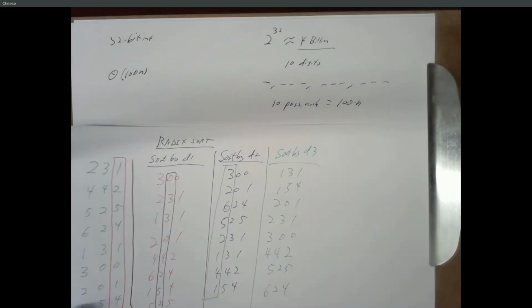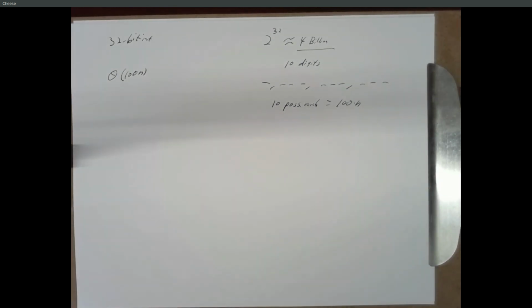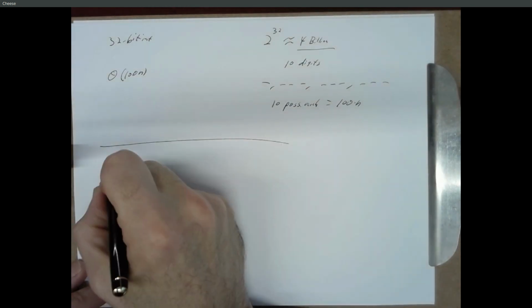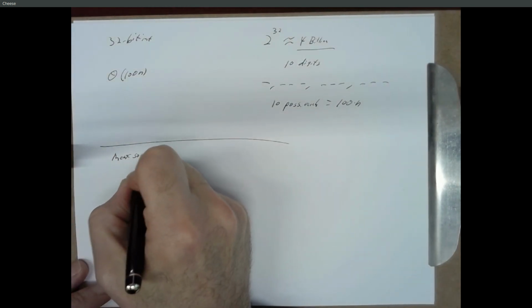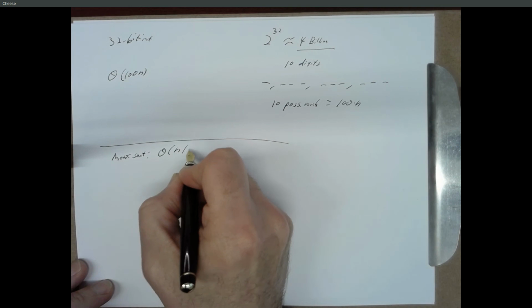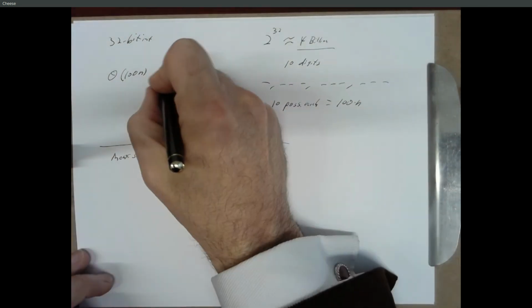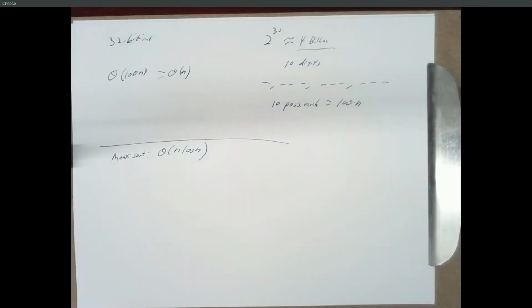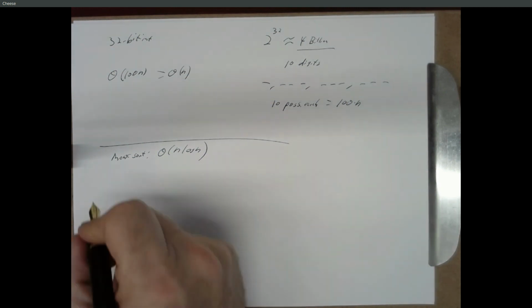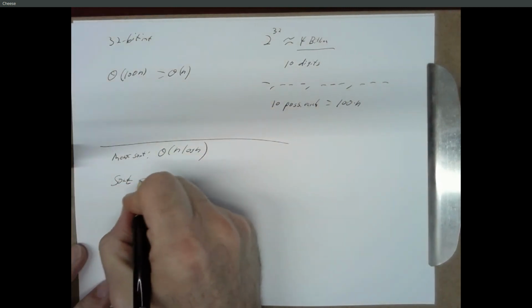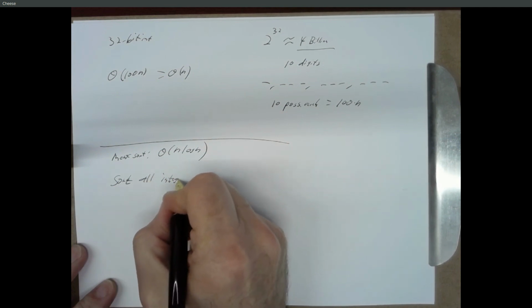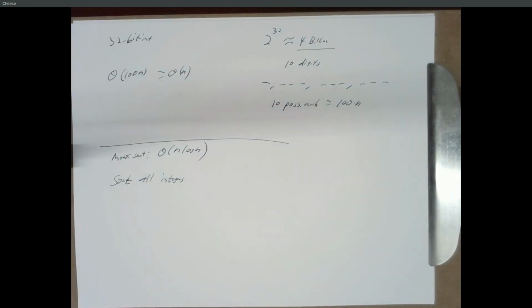Well, suppose we have a merge sort, order of n log n. And n sounds better than n log n, right? Suppose we want to sort all integers. Suppose we take all 4 billion integers, we throw them in a huge array, and we want to sort them.